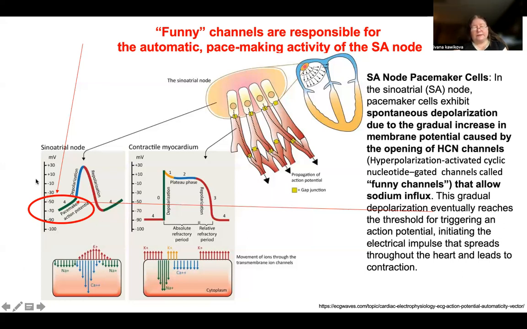But these unique cells in the conducting system have this opening of HCN, funny channels, allowing the sodium to go in. And as a result, the voltage on the membrane is less and less negative until it reaches its threshold, and then other electrolytes are moving in.